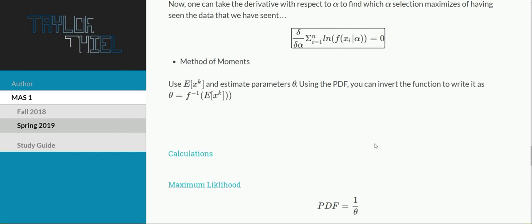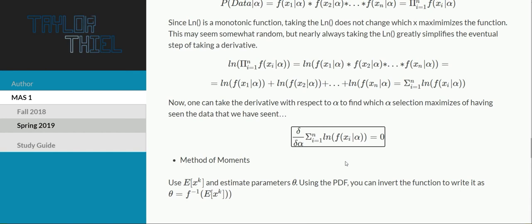The second method: I tried to look into why you would use method of moments, because to me maximum likelihood just seems better in all regards, and what popped up most frequently was just that method of moments is computationally way simpler. Its application can be done much more simply, is the gist of it.